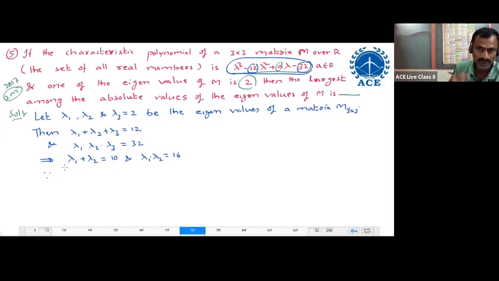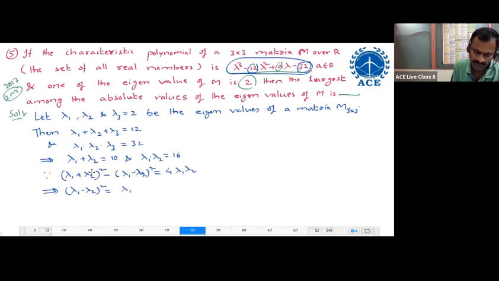Now I'm using the formula (a plus b) whole square minus (a minus b) whole square equal to 4ab. Lambda 1 plus lambda 2 whole square minus lambda 1 minus lambda 2 whole square equal to 4 into lambda 1 into lambda 2, which implies (lambda 1 minus lambda 2) square equal to (lambda 1 plus lambda 2) whole square, that is 10 square minus 4 into 16, which implies lambda 1 minus lambda 2 equal to plus or minus root of 100 minus 64, that is 36 root, then 6.